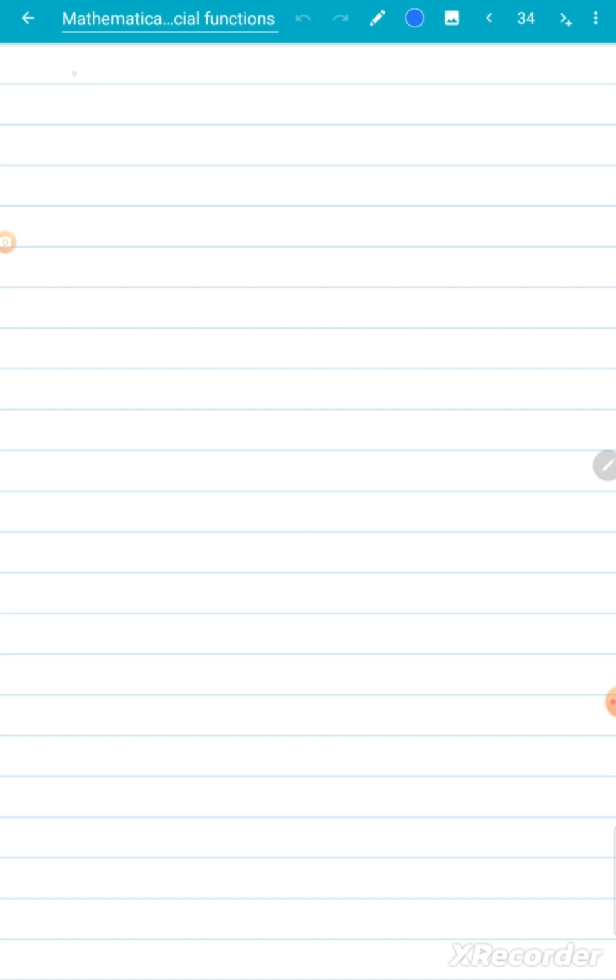So solution, integration 0 to pi by 2 sine to the power of p theta into cos to the power of q theta into d theta.